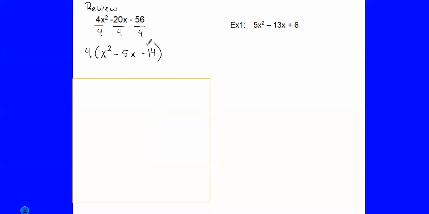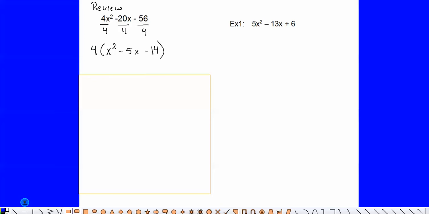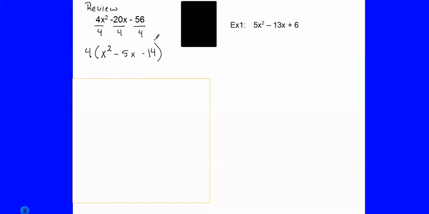What I was doing in the last video, we would then factor apart the c value. So we would take this value here and factor it apart here. So I had 14 was 1 and 14, and 2 and 7.